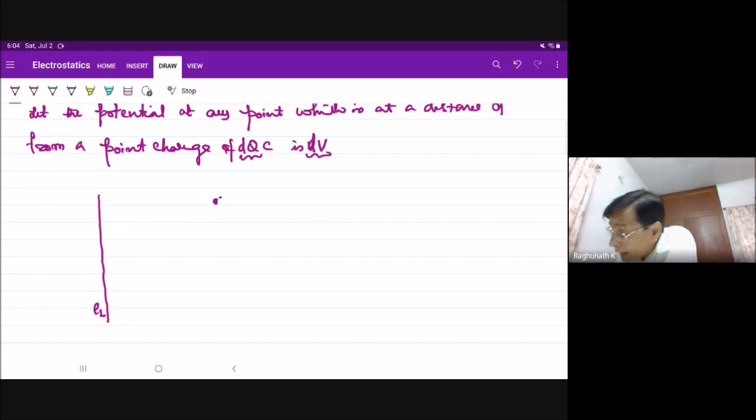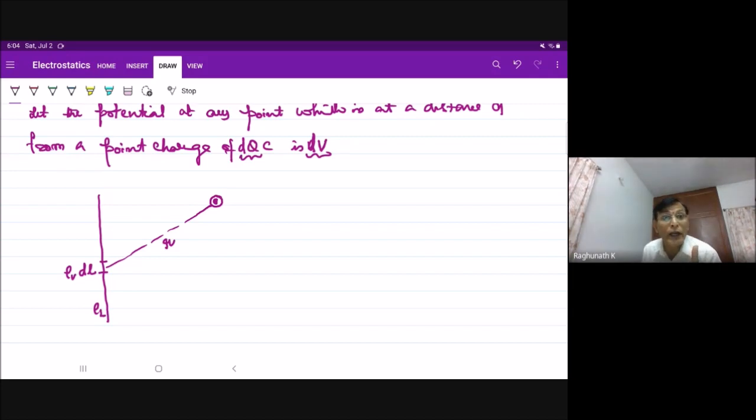What is the potential? How to calculate the potential at this point because of this line charge? A general element on this has the charge rho L dl at any l, and the general distance is r. It's not a vector now. Distance only is required for me. The formula is scalar. What is the potential at this particular point?